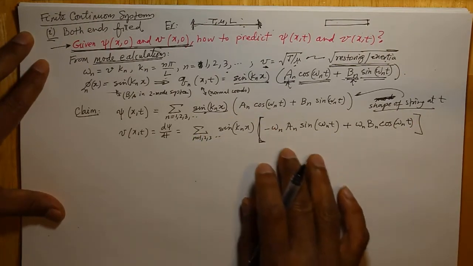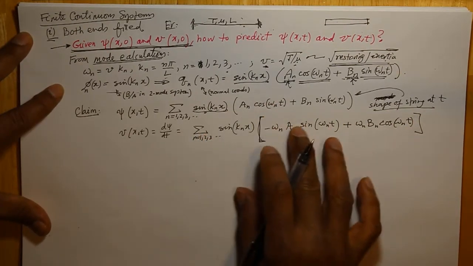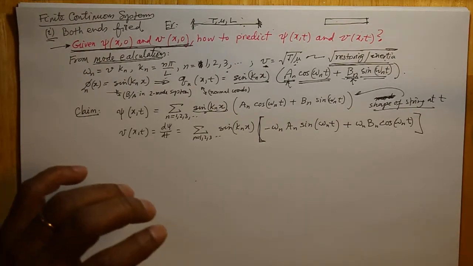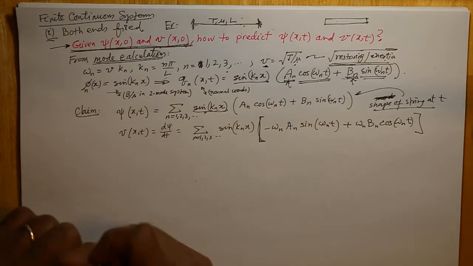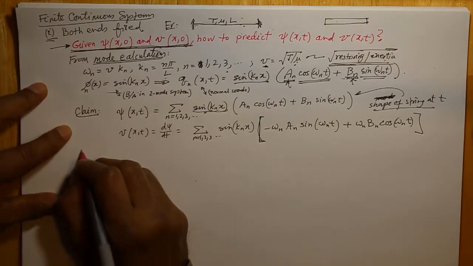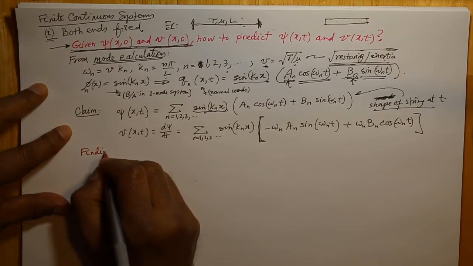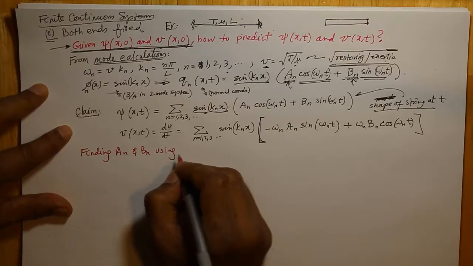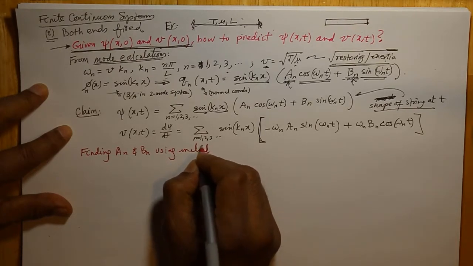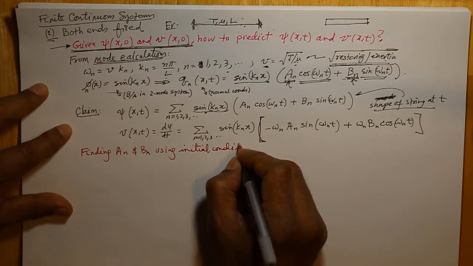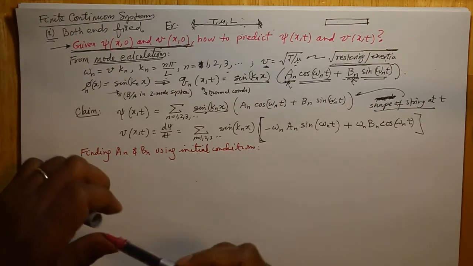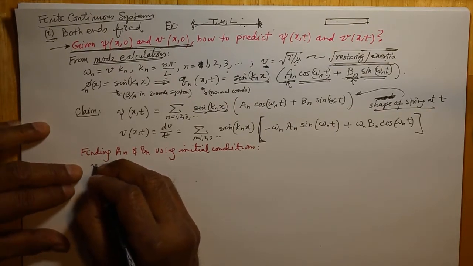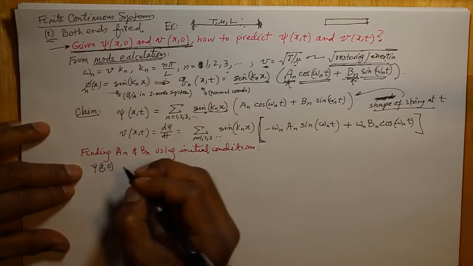Now I need to have a way to find an and bn. So an and bn will be obtained from using your initial conditions. So I do psi of x at 0.